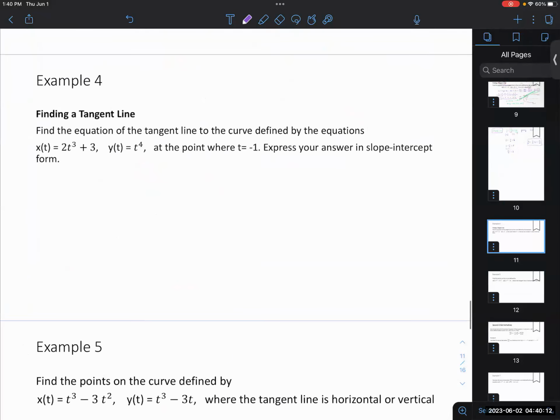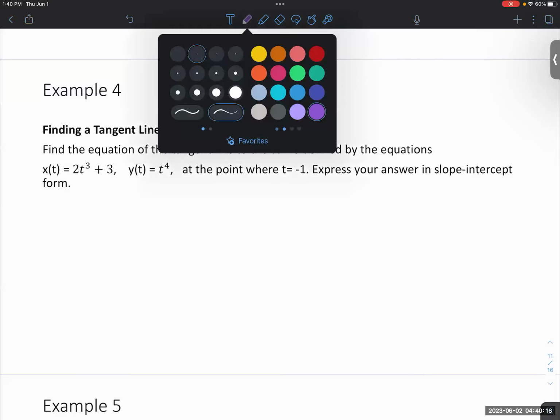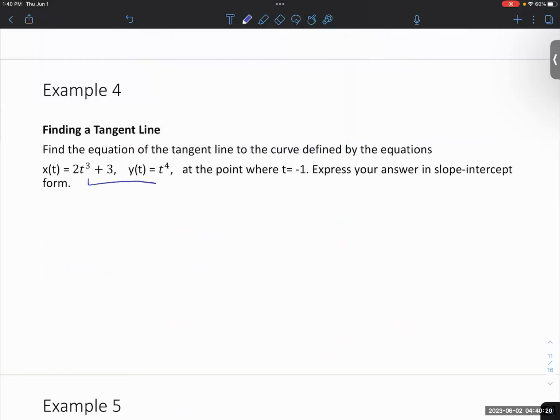Same type of question. We are looking for the tangent line. We have two parametric equations, x and y, and they're looking for the tangent line here. So we know the story. You would create a table and graph, but I'm just assuming something like that.